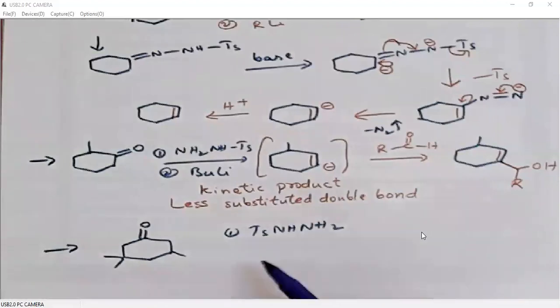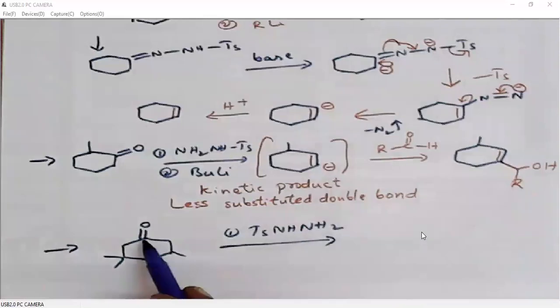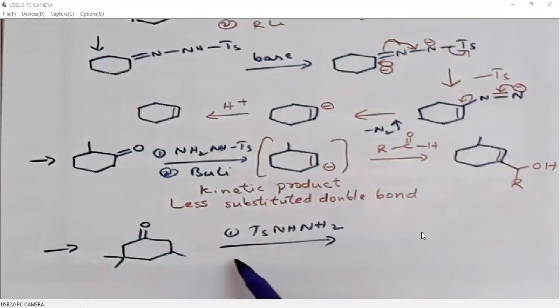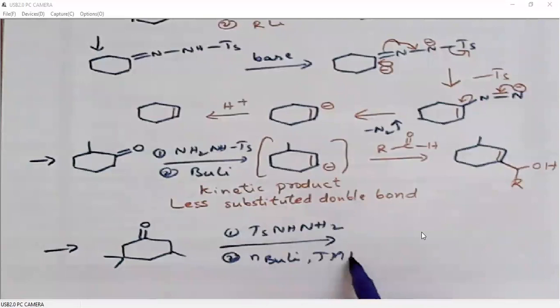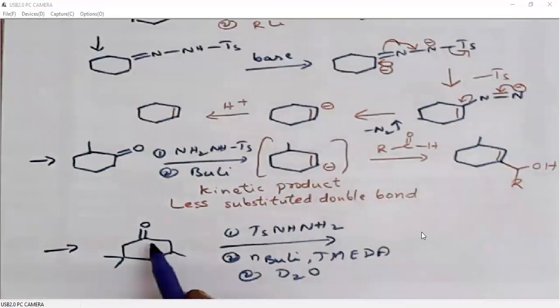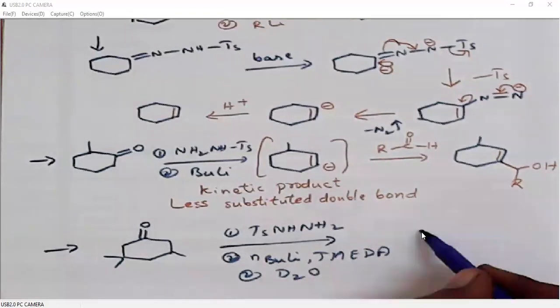In this case, for the carbonyl, there is not much stereoselectivity or steric crowding on either side. So on both sides, it is possible to generate the double bond. When there is a possibility for the generation of a double bond on both sides, we will get a 1:1 product.